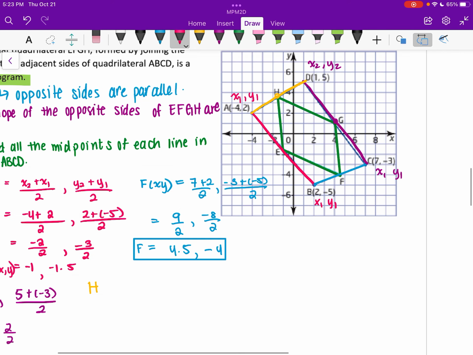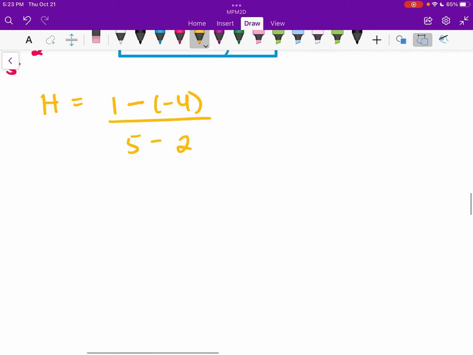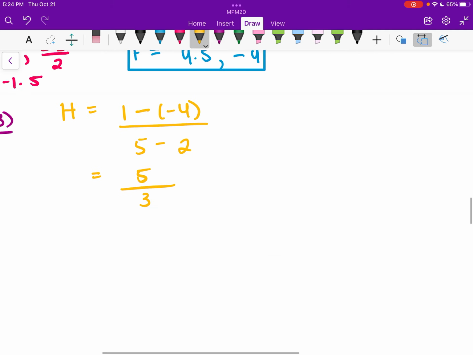Right? So let's do this as x2 is 1 minus negative 4 over 5 minus 2 equals 1 minus negative 4 is just 1 plus 4, which is 5. 5 minus 2 is going to give me 3.